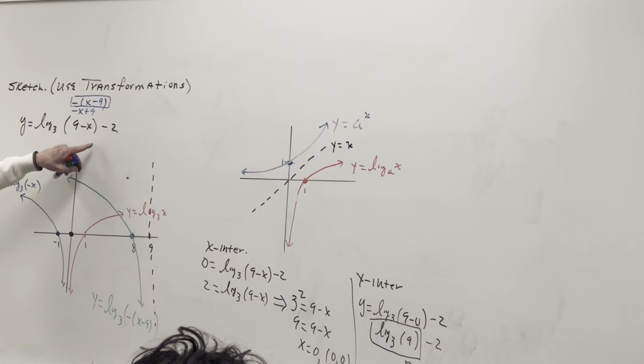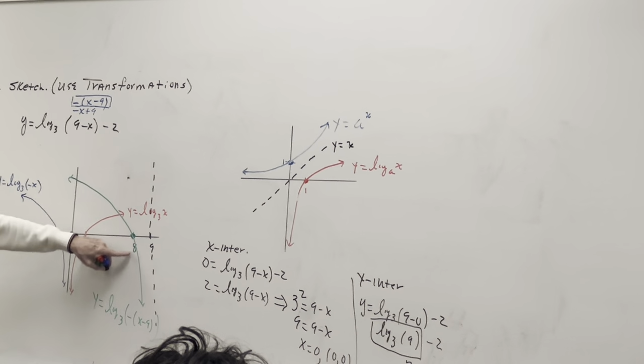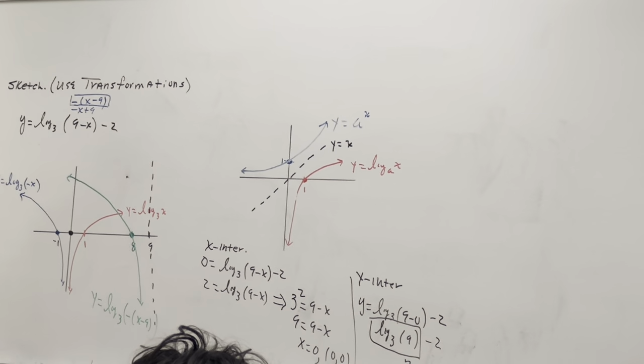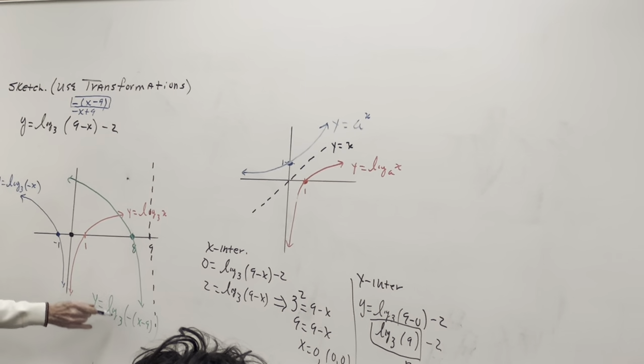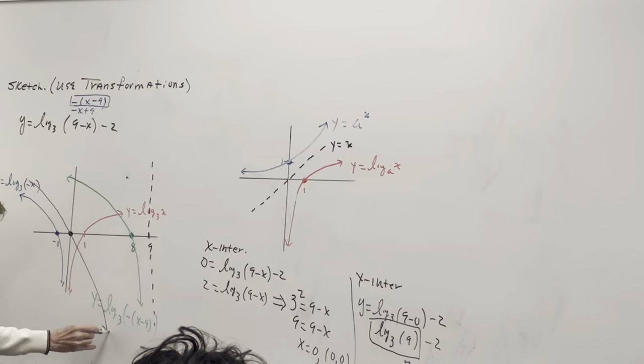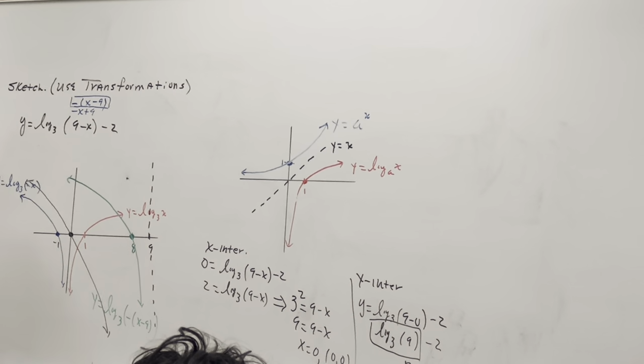And by the way, would that take care of this being shifted down 2? With this point right here being shifted down 2, would this pick it up as I did it? Do something like this, guys. Can I say in black here, does the final graph look something like that? I'll extend it.